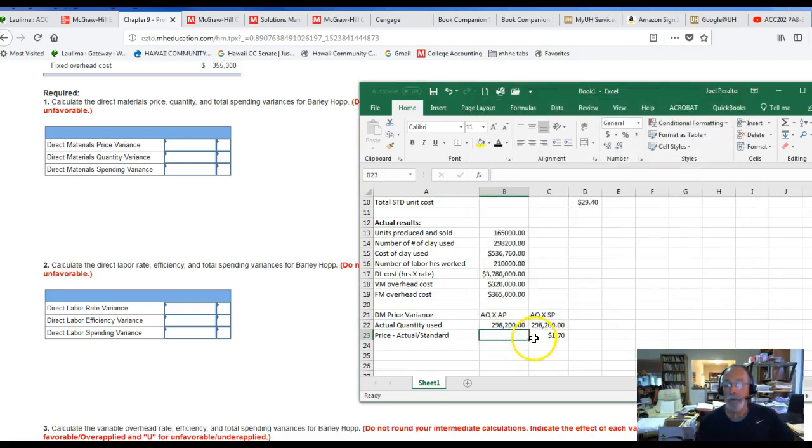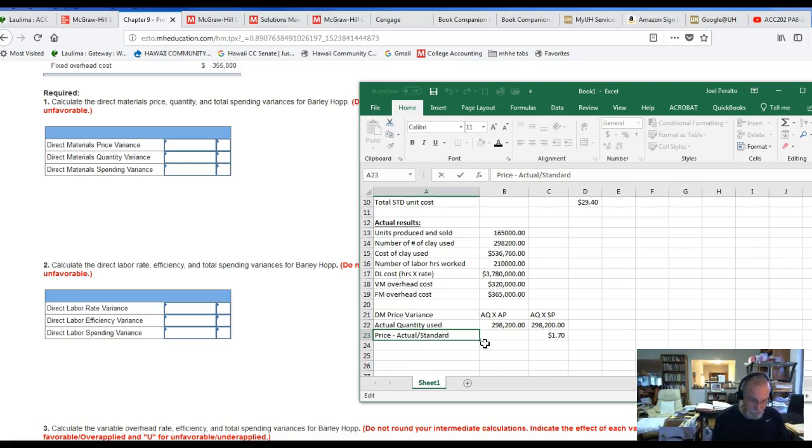Now to get our actual price, this may be a calculation if it's not given up here in the problem. So we had number of pounds of clay used and cost of clay used. So this is going to require a calculation.